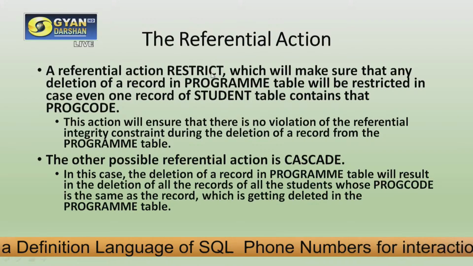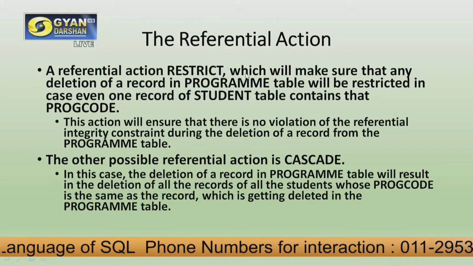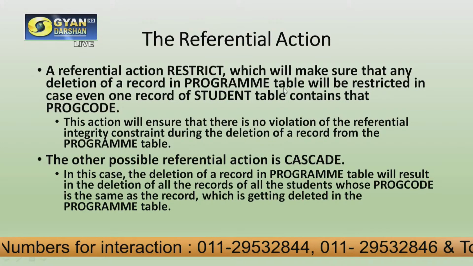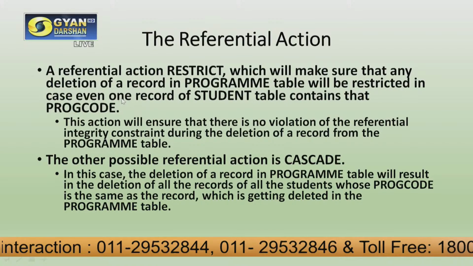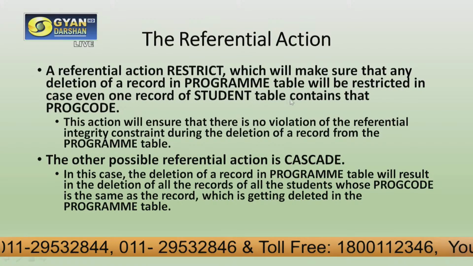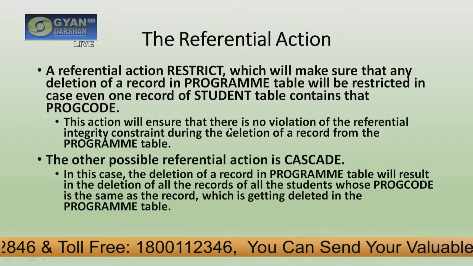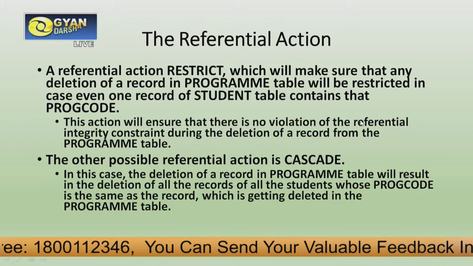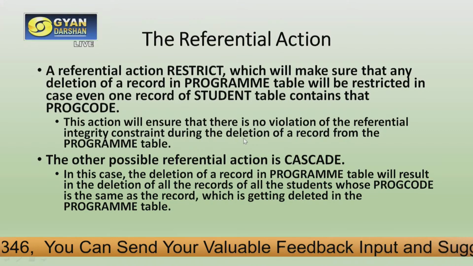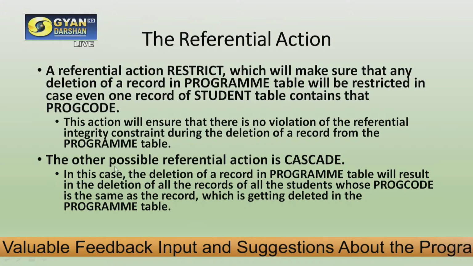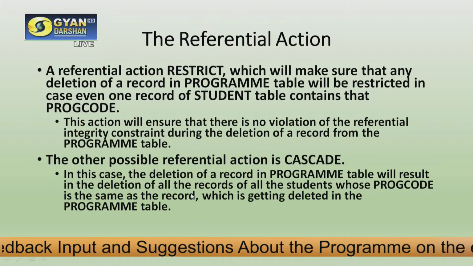The first is restrict, which will make sure that any deletion of a record in the program table will be restricted if even one record of the student table contains that program code. This ensures there is no violation of referential integrity during deletion of a record from the program table. The other possible action is cascade.